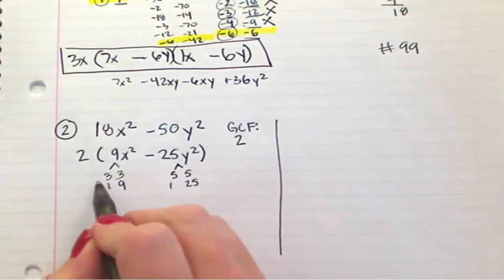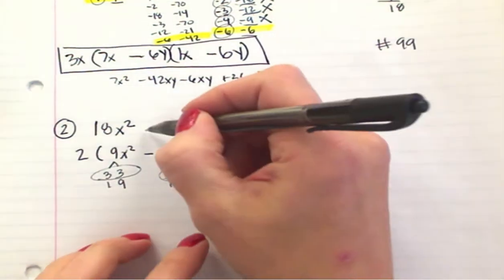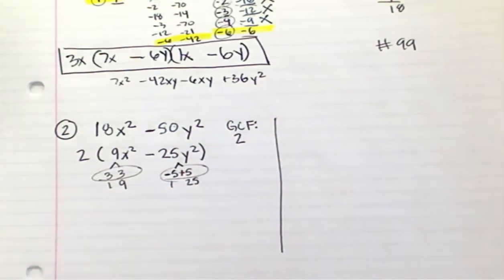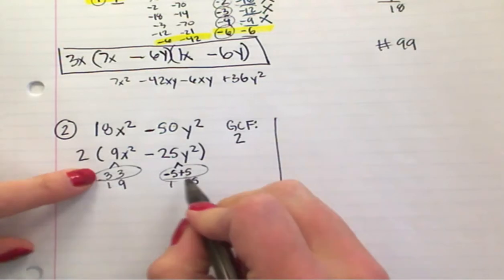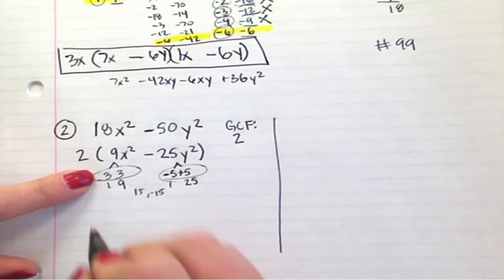What are the only ways to make sure the inner and the outer actually combine to be 0? The same terms, the same numbers. Now, this has to be negative, guys, which means 1 has to be negative and 1 has to be positive. So you're going to get positive 15 and minus 15.